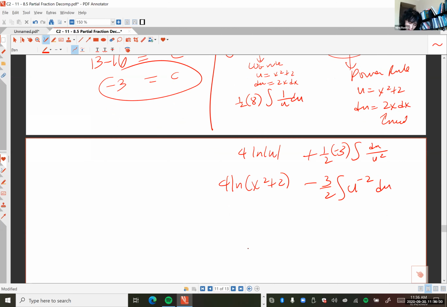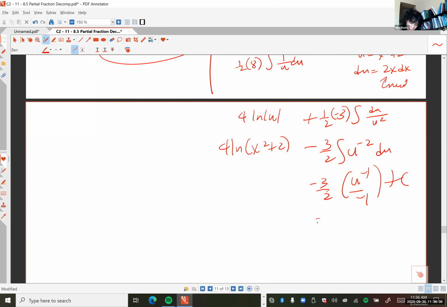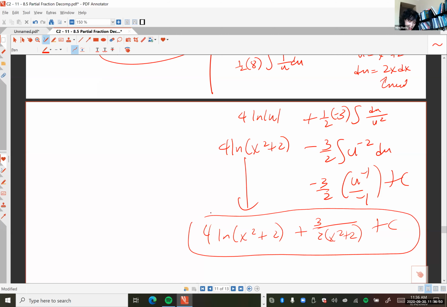That's going to be u to the -1 over -1, and a negative times a negative is really a positive, and then your u is going to be downstairs. I'll put it back in, that's x squared plus 2. Plus C, and you still have this log term as the first part. And I think your final answer looks like this, and you're done.